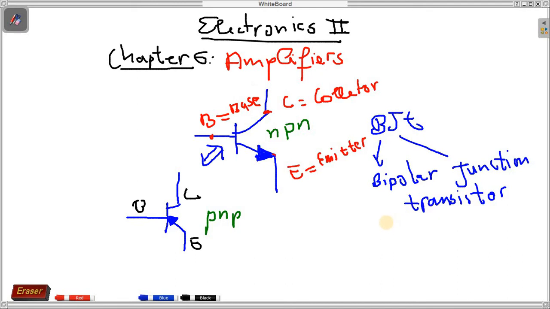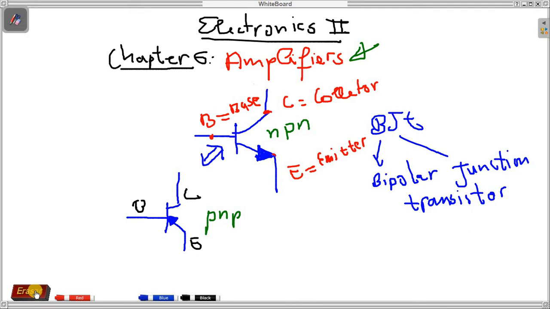In chapter 6 and chapter 7, we're going to study the same transistor, but now we're going to connect it as an amplifier.